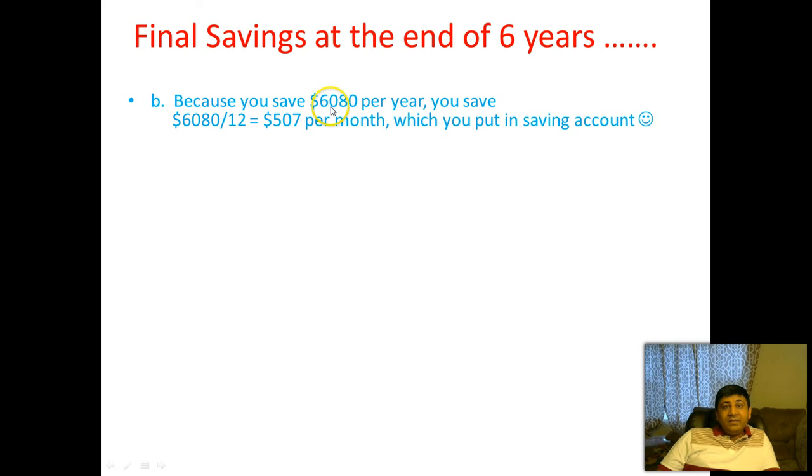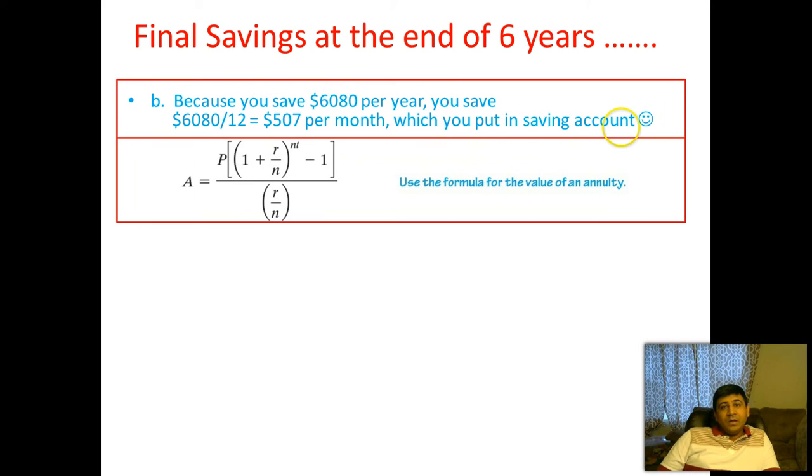We saved $6,080 per year. So how much did we save per month? We saved $507 per month. If you divide 6,080 by 12, this is what you save every month, which you want to put into a savings account. This is the formula for the value of the annuity.